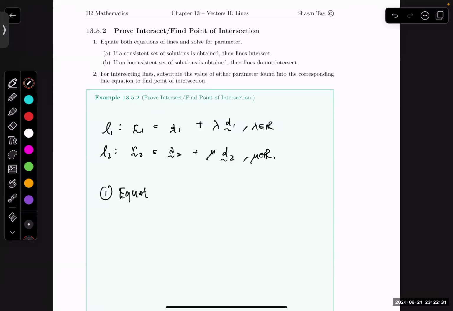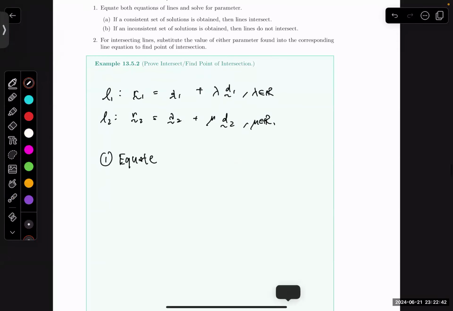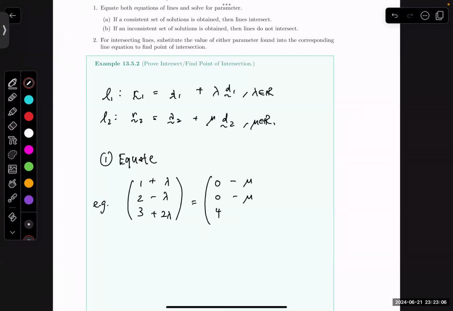Usually you just let your calculator solve it. So you equate, for example, (1, 2, 3) plus lambda (-1, 1, 2), for example, equals to, let's say, (0, 0, 4) plus mu (-1, 1, 3), for example.